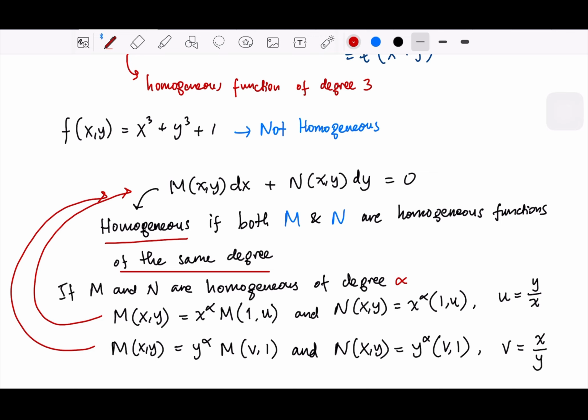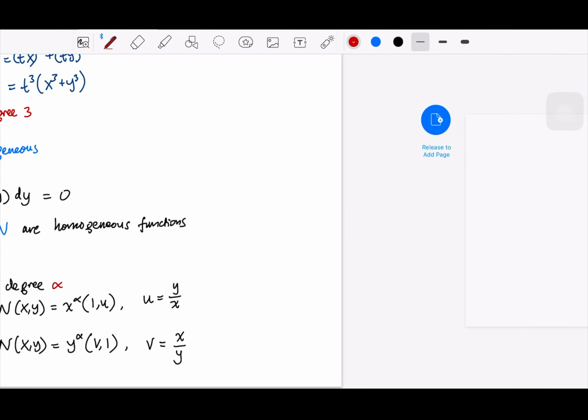Okay. Now, if you look at the structure, from this, let me write again, M(x,y) dx plus N(x,y) dy is equal to 0. So we can write x^alpha M(1,u) dx plus x^alpha N(1,u) dy equals 0.